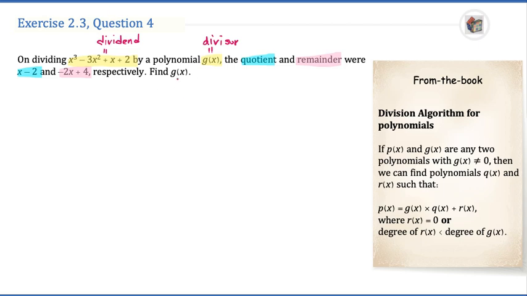And the question is find the polynomial g(x), which was what? Find the divisor. That's it. Now all you need to do here is know the relationship between these four entities.